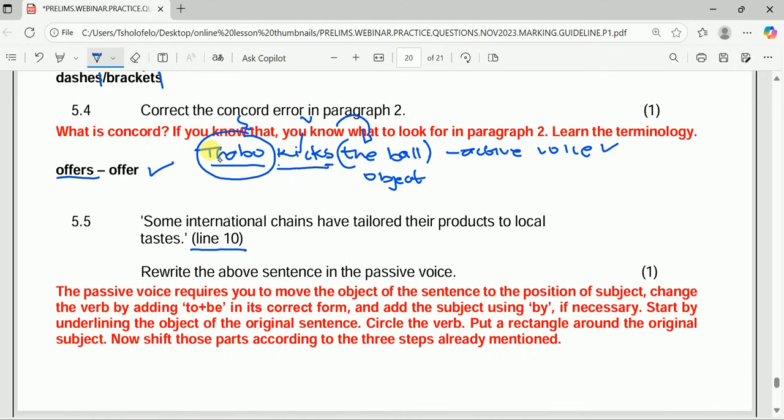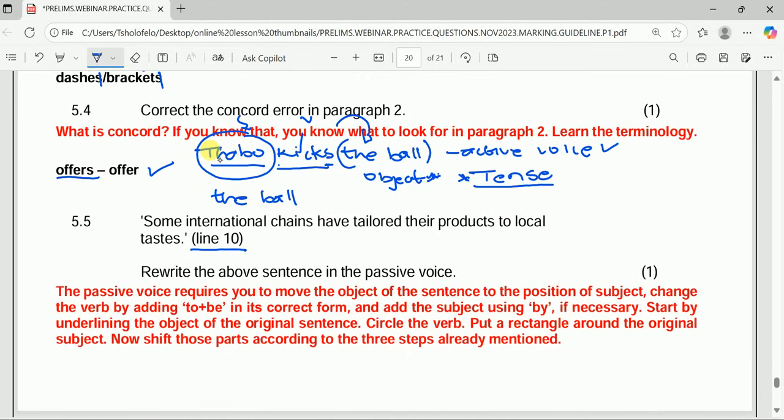Now to take this sentence from an active to a passive, you must take the object of the sentence to become the subject of the sentence. But what you also need to be mindful of is tense, because when you change active to passive, tense plays a significant role. If you are changing a present tense like this one, Thabo kicks the ball, we are going to say the ball.